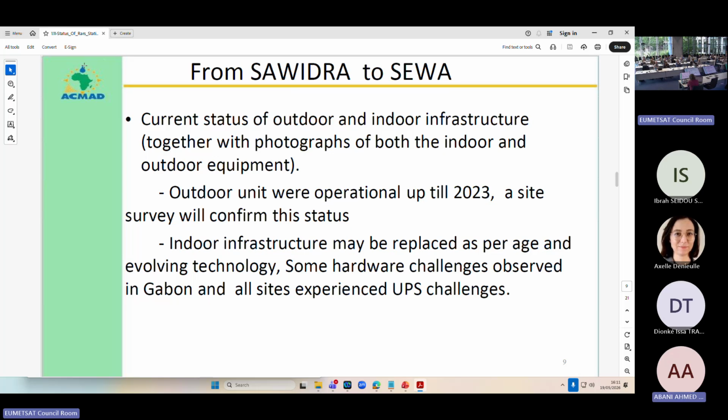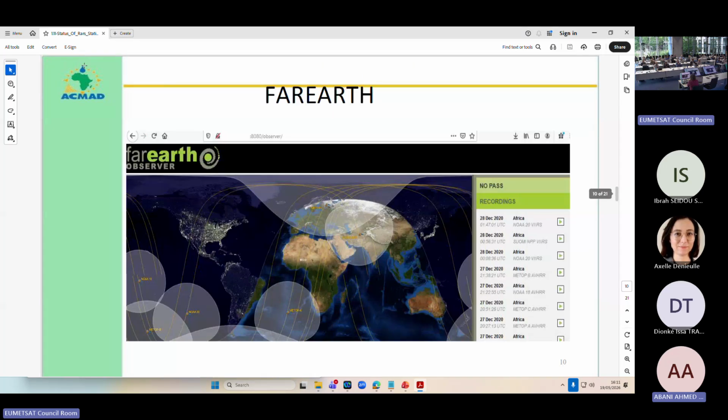Regarding the indoor and outdoor units, they have been operational up to 2023, and we confirmed those statuses. The indoor unit also operated, tested, and disseminated until the end of the maintenance contract. Next slide, please.